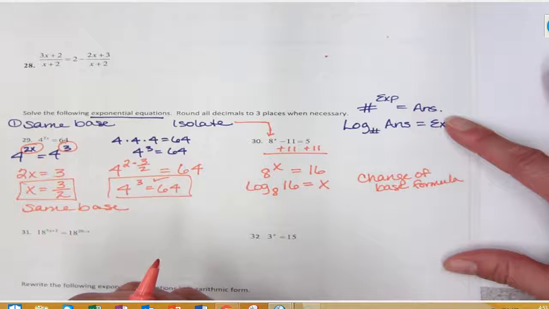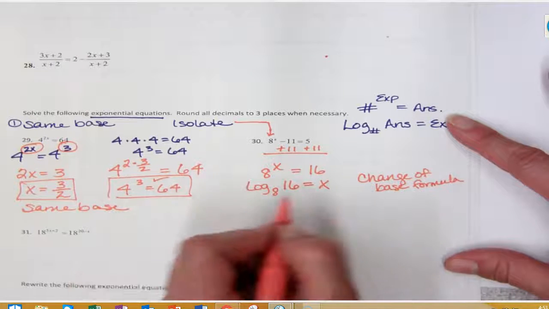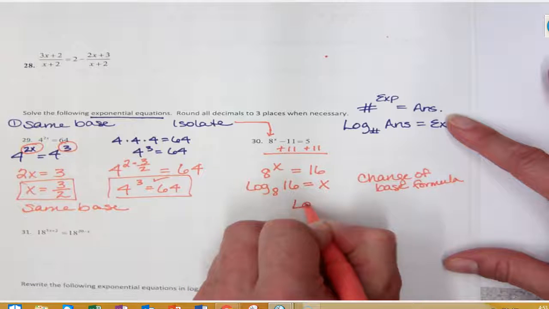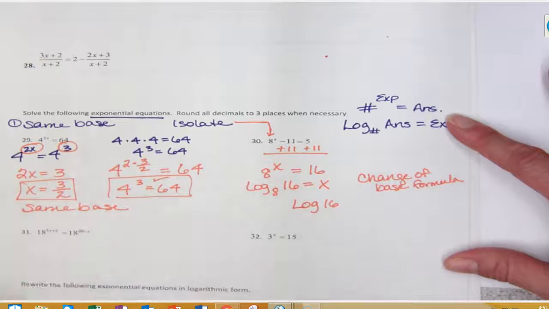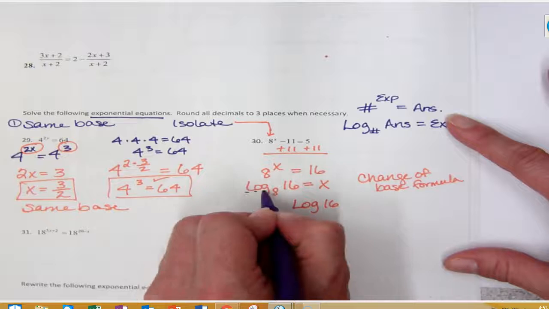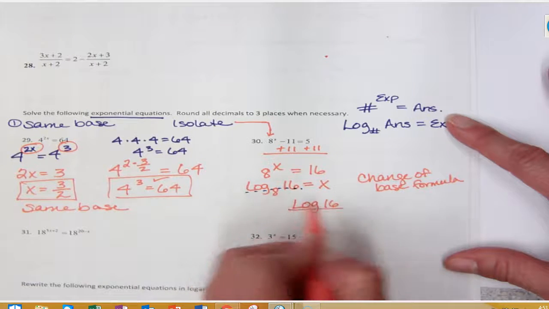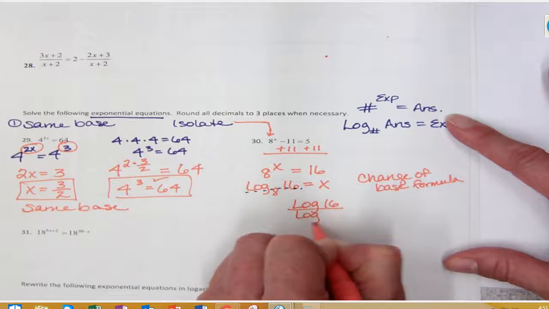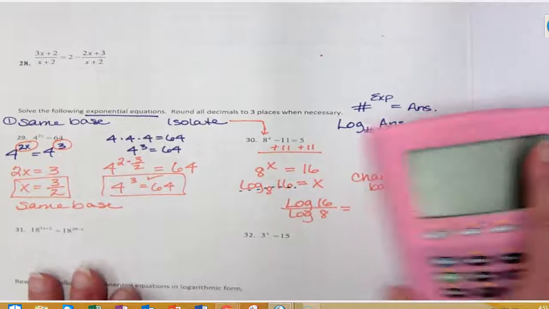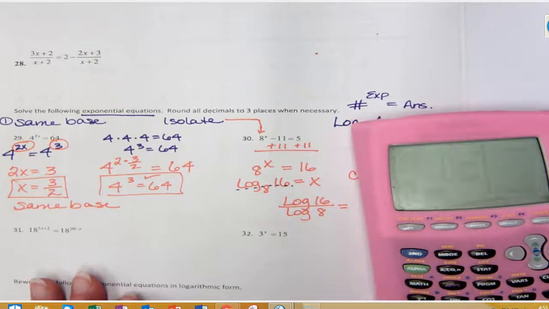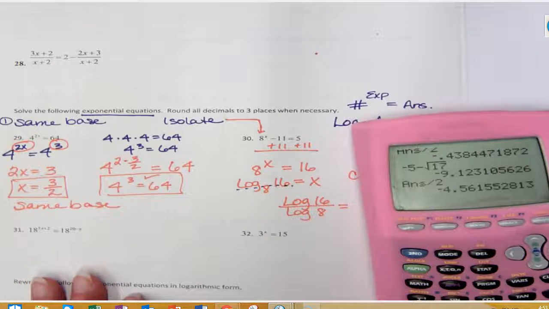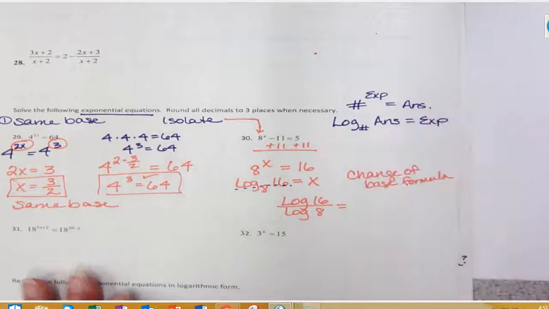A lot of times there's lots of different ways, so you can figure out which tools you like to use the best. That is the log of 16. Make sure you kind of remember that that goes on the top and that goes on the bottom. The log of 16 divided by the log of 8. So I can pop that in my calculator and say, all right, log 16, close my parentheses, divided by log of 8, close my parentheses.